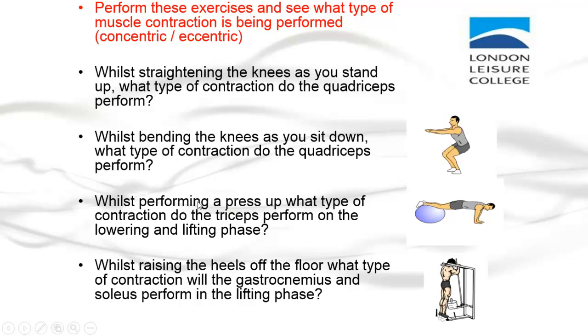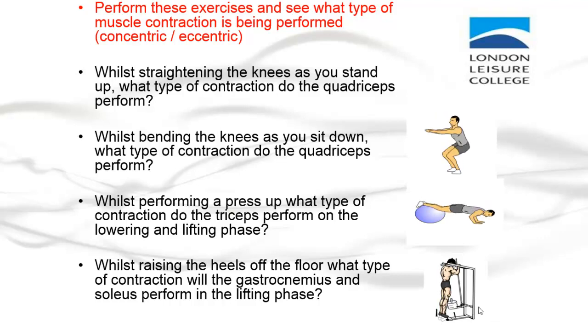On the lowering phase of this press up, what contraction is the triceps performing? And then on the lifting phase, what type of contraction do the triceps perform? And then finally, while you're raising your heels off the floor, performing a heel raise, what type of contraction will the gastrocnemius and the soleus perform?